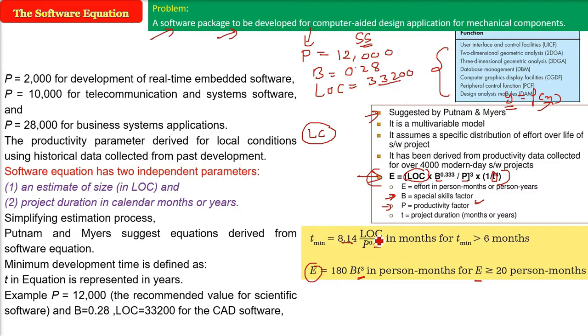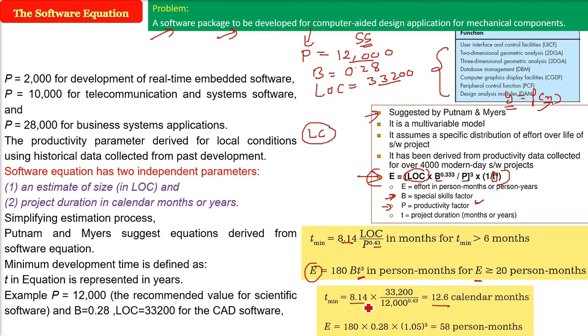So just put LOC as 33,200 here, and P you are going to put 12,000, and then you will get the time, which is the minimum development time. The result will be like this: 8.14 into (33,200 divided by 12,000) raised to the power 0.43, and that is going to give you 12.6 calendar months. Now this is in calendar months, so you have to convert it into years. 12.6 months is equivalent to around 1.05 years.